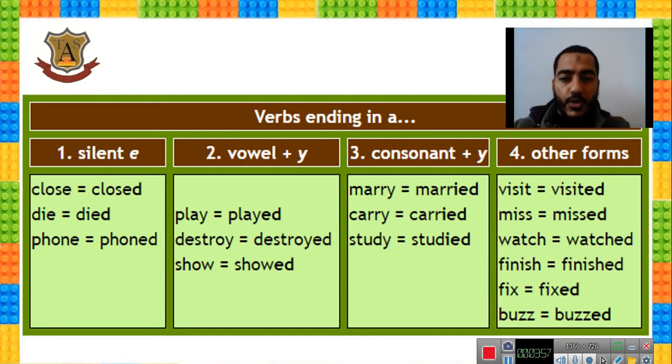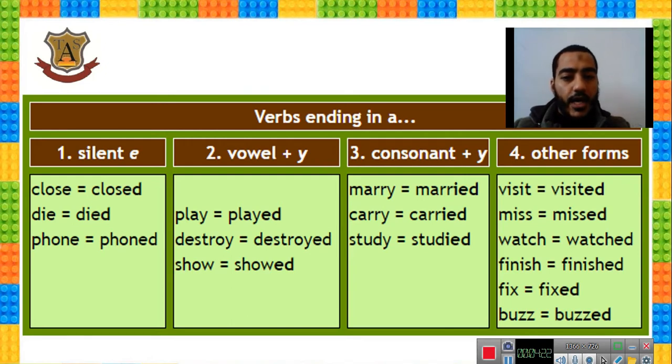Okay, number 1 here, we have silent E. If the verb ends with silent E, we just add D, like close, closed. Die, died. Phone, phoned. It ends with silent E, so we add just D.